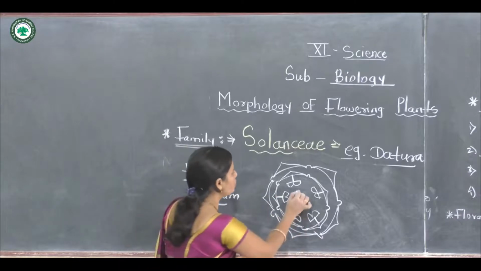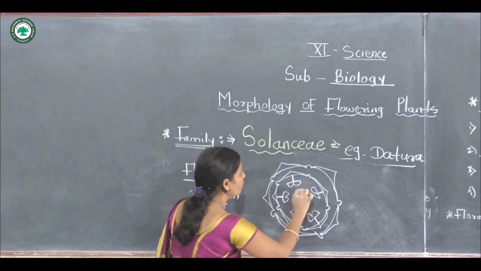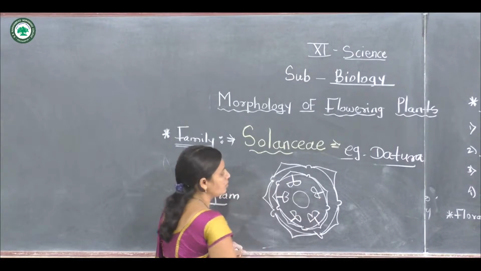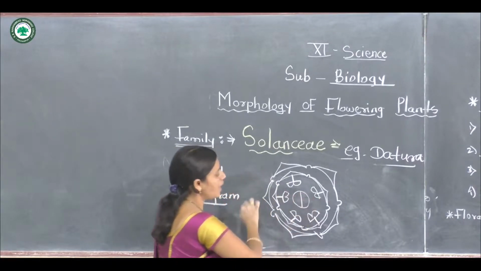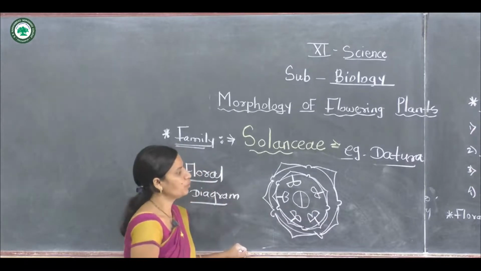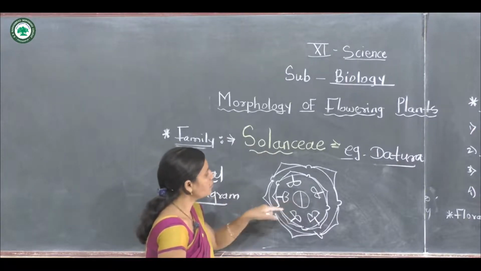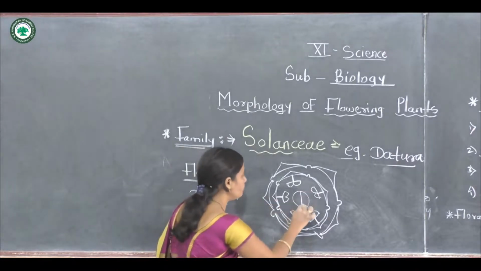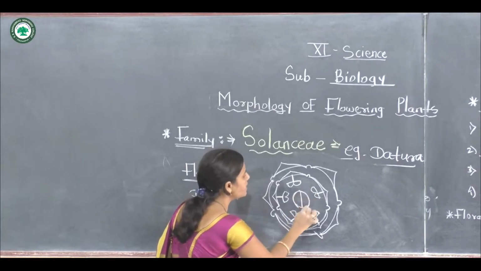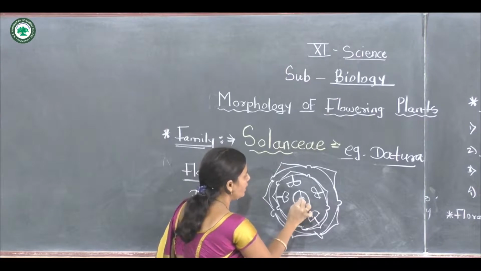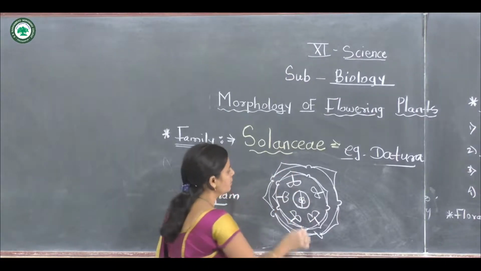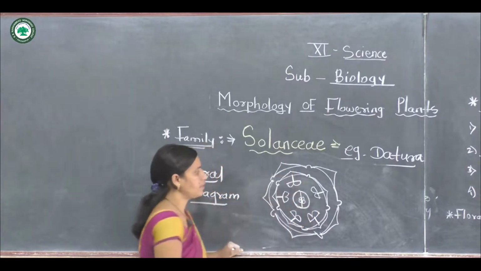Now the central gynoecium: the gynoecium is 2, with a bilocular ovary, and axile placentation, meaning the ovules are attached on the axis. This is the axile placentation.